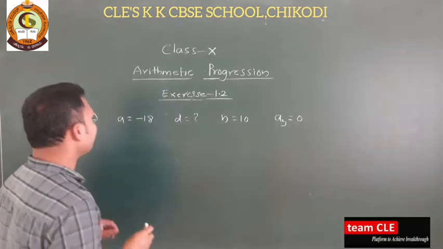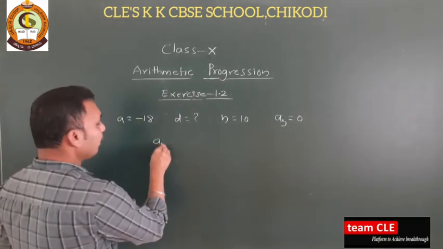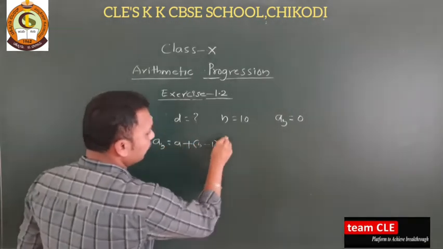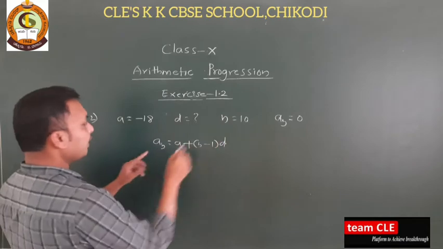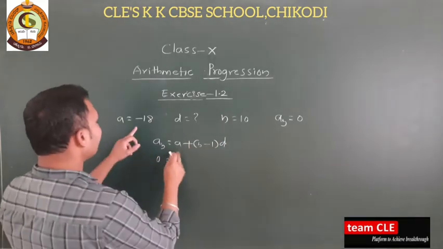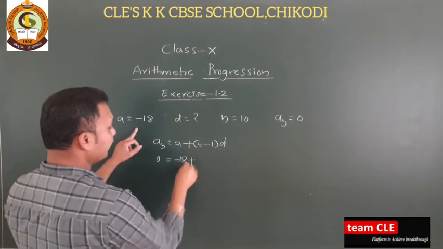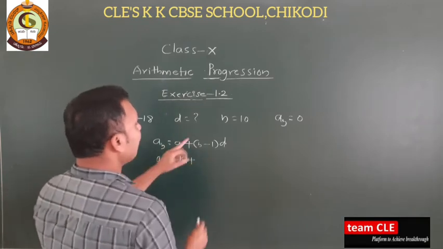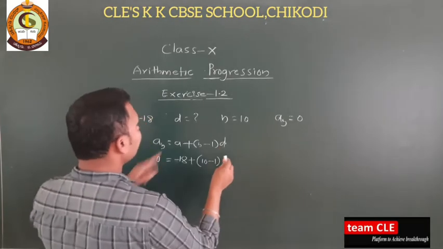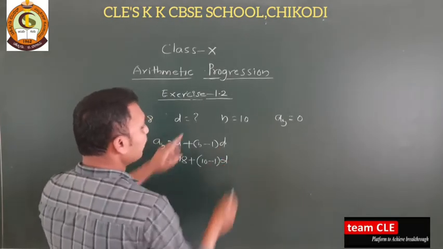This is very simple here. Again same formula, An is equal to A plus n minus 1 into D. An already we have 0, keep 0 as it is. Now A we have minus 18 plus N, it is 10 minus 1 and D we need to find, keep D as it is.